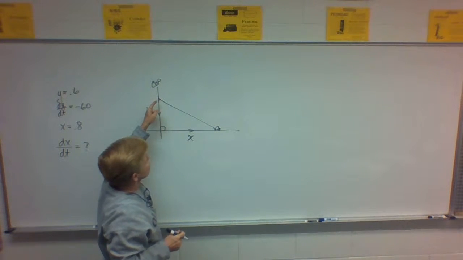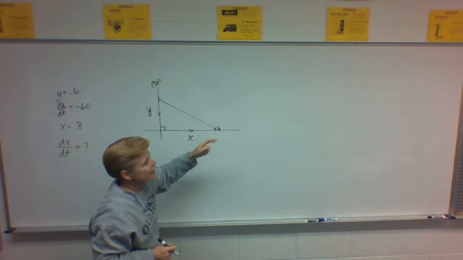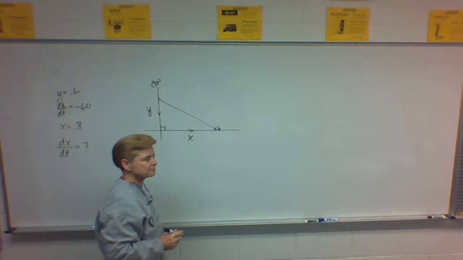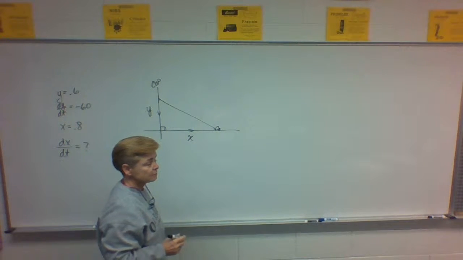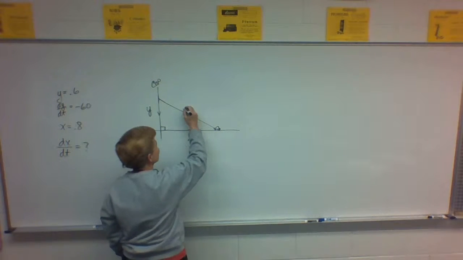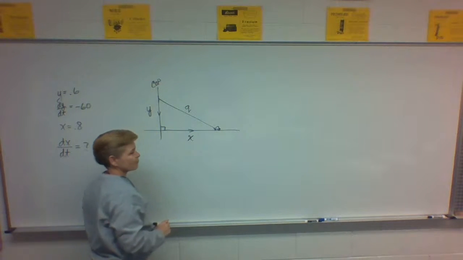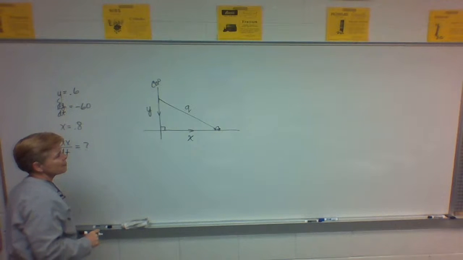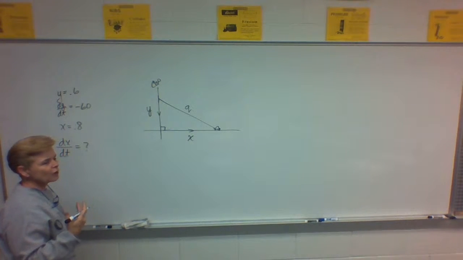Okay. So if he is clocking this distance, we need a name for it. What would you like to call it? Q. All right, we'll call it Q. What do we know about Q?